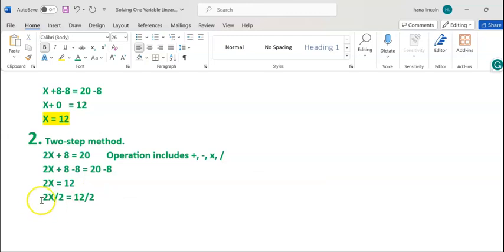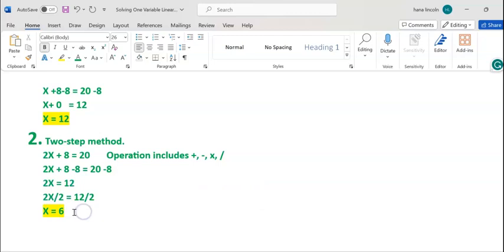So 2 divided by 2 is 1. You can put 1x, but usually we don't write down 1, we assume x is 1x. Equals 12 divided by 2 is 6, right? Equals 6. So the value of x is 6.